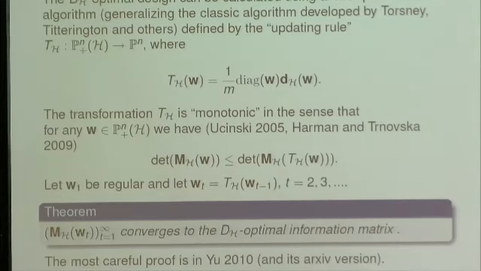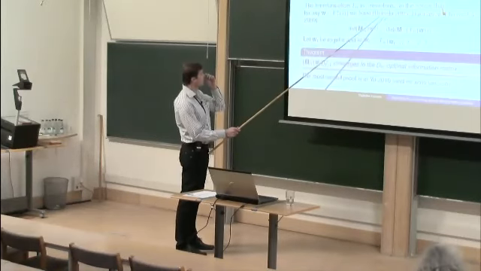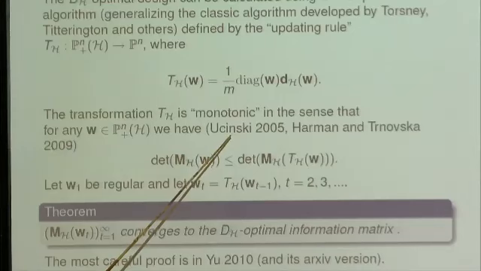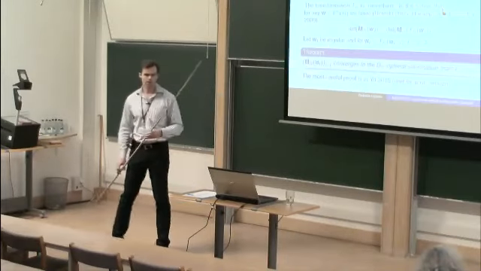And what can be shown is that not only is it monotonic, by the way, there are a couple of proofs, all of them not trivial. The first proof appeared in the Dariusz Uciński book that I was not aware of, and then a second proof of this generalized version appeared in our paper, but the proof is completely different. Anyway, it's well established that this algorithm is monotonic, and moreover, the sequence of information matrices converges to the DH optimal information matrix.